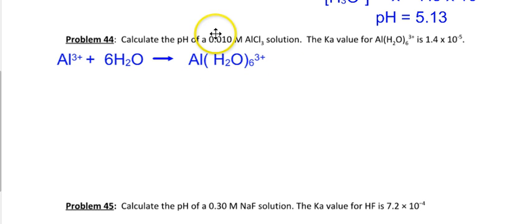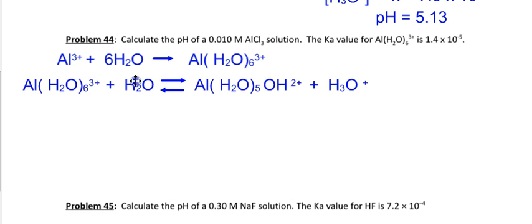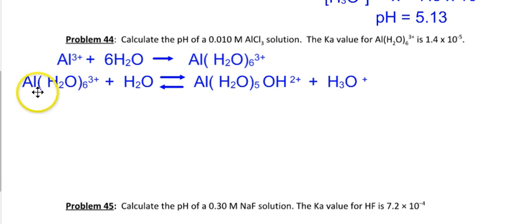Now, what will this do? Do you remember what we said in our notes a few pages back? That this ion here now has some hydrogens to donate. So it's going to act as an acid. So here is this ion, put it in water, it is going to donate an H+. So what did I have to do? I have to break up one of these waters here. So notice I have 6 here, I have 5 here.